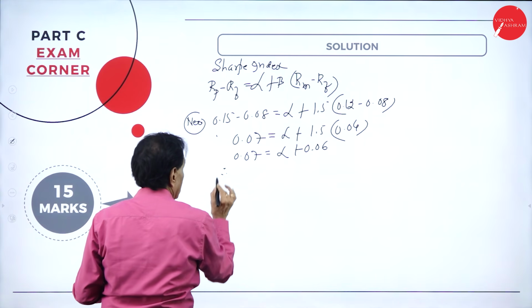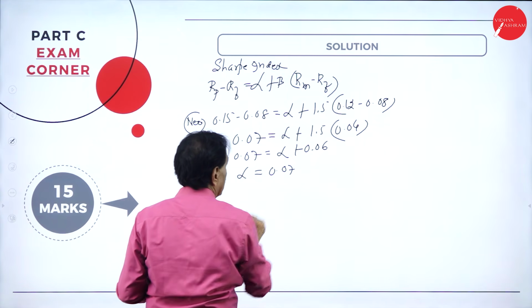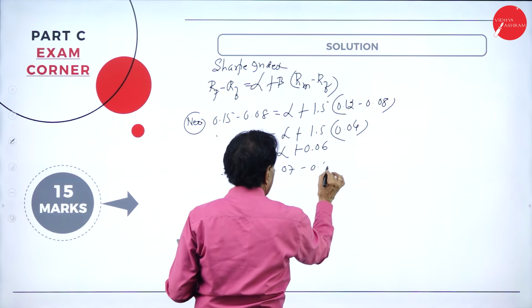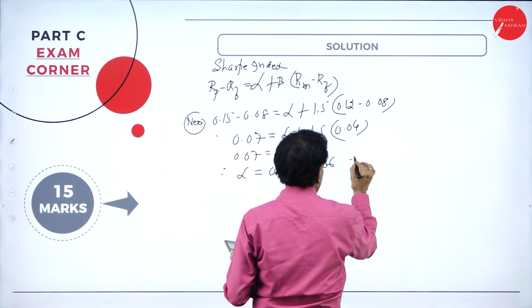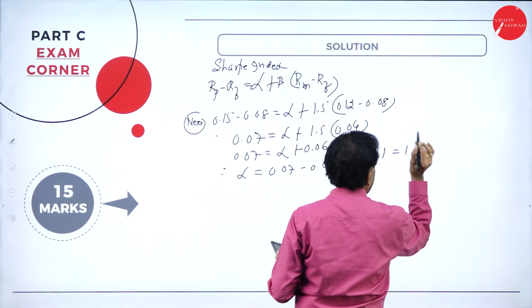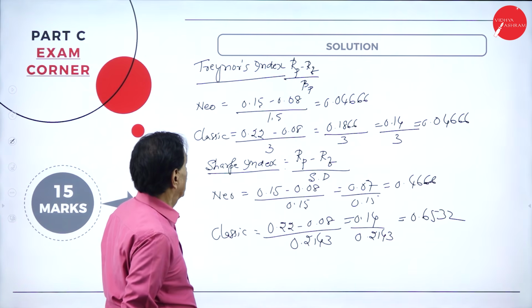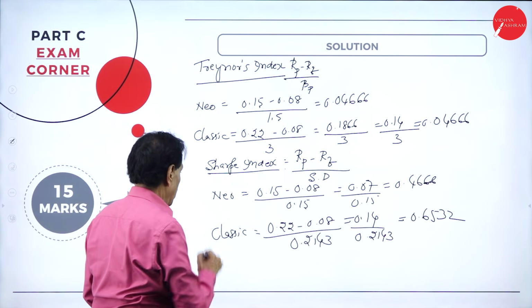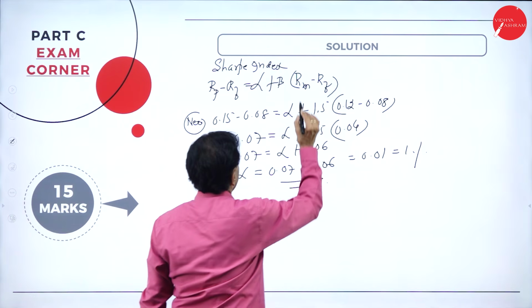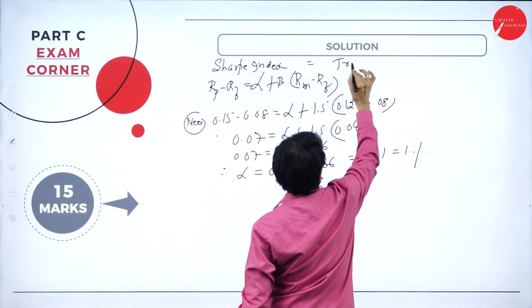Therefore, alpha is equal to 0.07 minus 0.06, which is 0.01, equal to 1%. This goes to Neo. Then Classic's Jensen. This is Treynor's index.